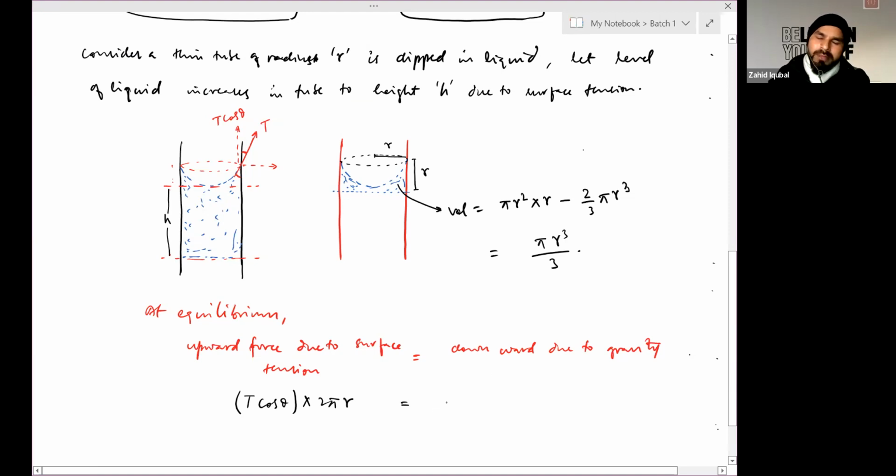So force is mass times gravity. Mass will be density into volume times gravity. So density is rho, volume pi r square h, times gravity for the cylindrical segment, plus density times pi r cubed by 3 times gravity.